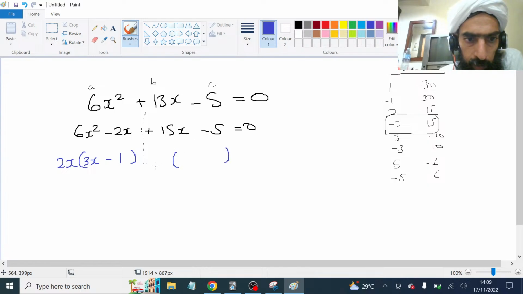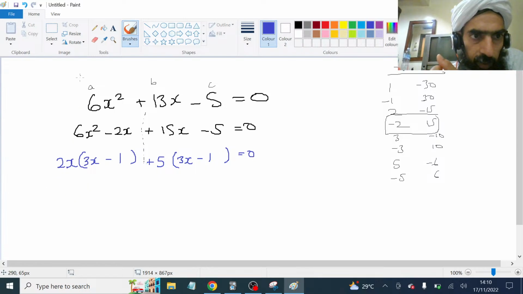Same thing on this side, single bracket. Common factor looks like it's 5. So 5 times 3x would make the 15x, and 5 times minus 1 makes the minus 5, and that 5 is a positive 5. Okay, good. Now we can finally write the two brackets as a pair.